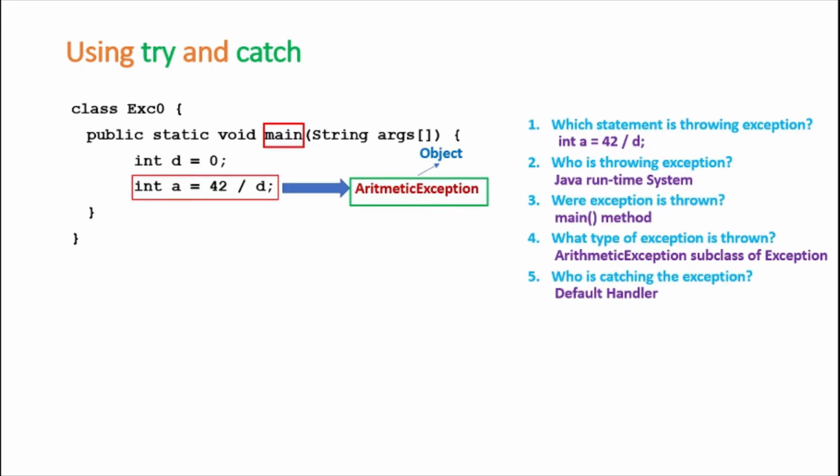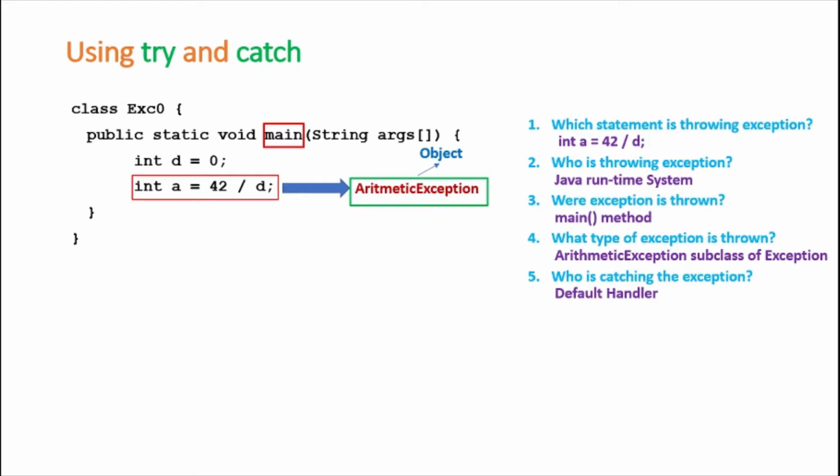Therefore, the exception thrown in the main method needs to be handled. Now, the question is how to handle the ArithmeticException thrown in the main method. It can be handled using a try and catch block.